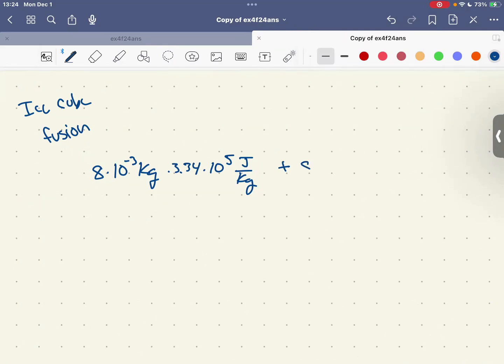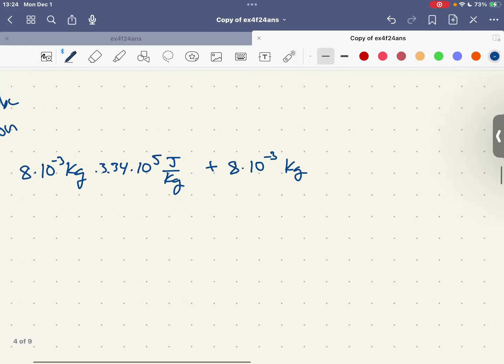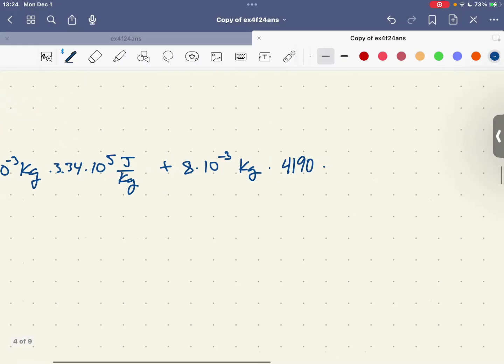So 8 times 10 to the negative 3 kg. So that's M times C, 4190, because now it's water, times delta T, which goes from temperature final minus temperature initial, which is 0 degrees Celsius.